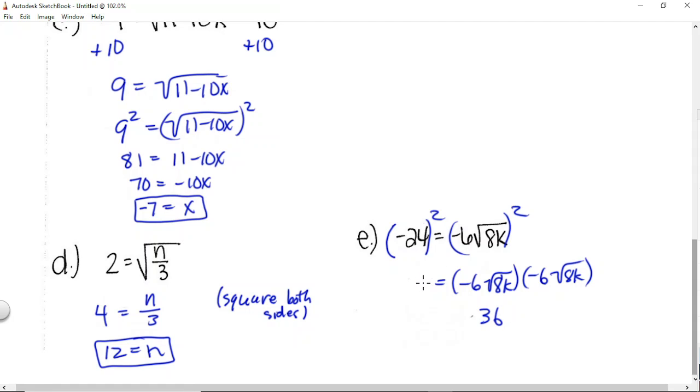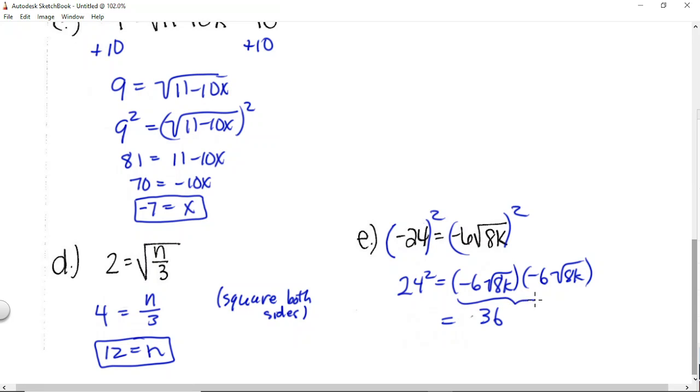On the left, we could also square the negative 24, of course. The negative goes away. Negative times a negative is a positive, and it's just 24 squared. And we, of course, could calculate what that is. But we're not going to do it this way, so we don't really care. This is just to show you that we could do this.